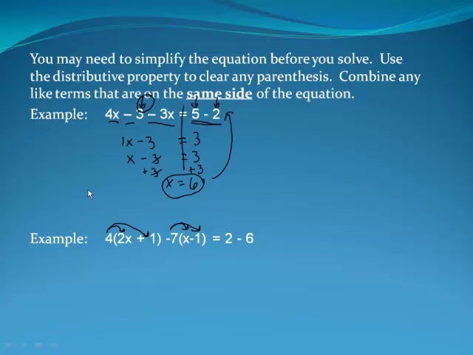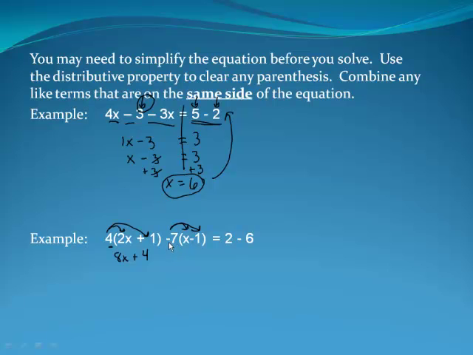So on our left-hand side, okay, distributive property says take that number out in front of the group and multiply it to each term. So starting with that first term, we've got 4 times 2x is equal to 8x, plus 4 times positive 1 is plus 4.